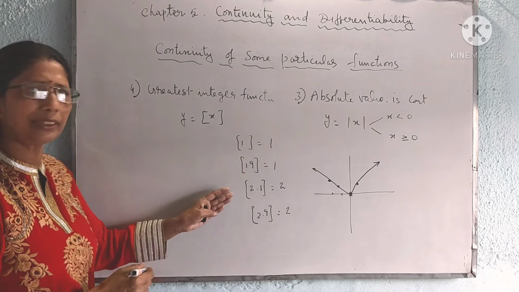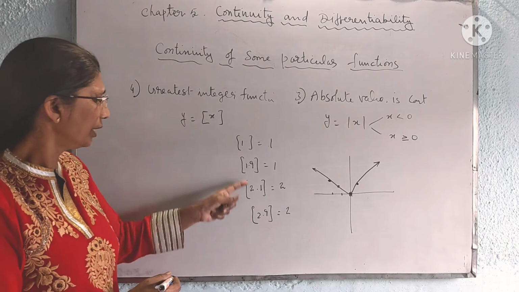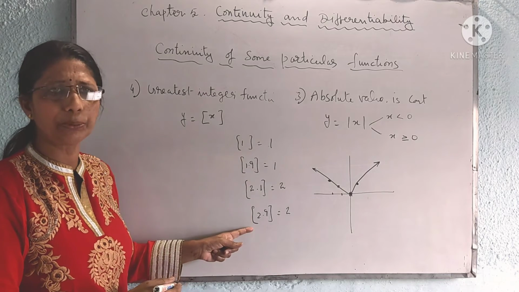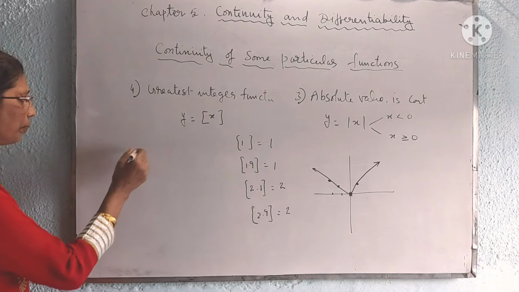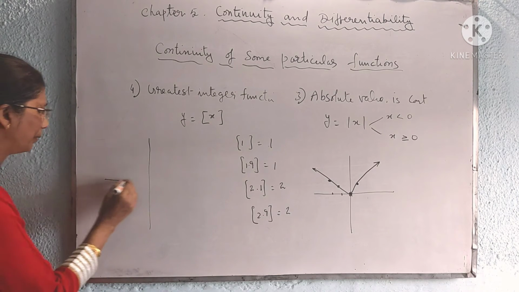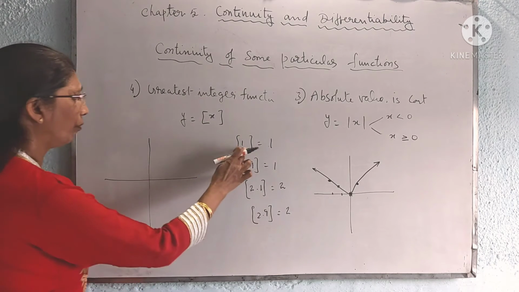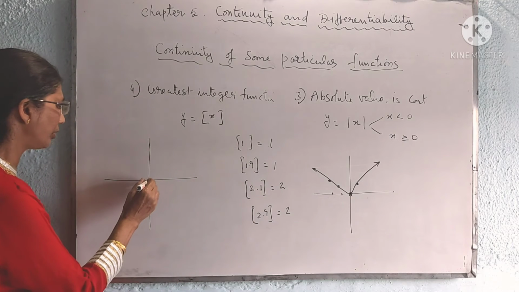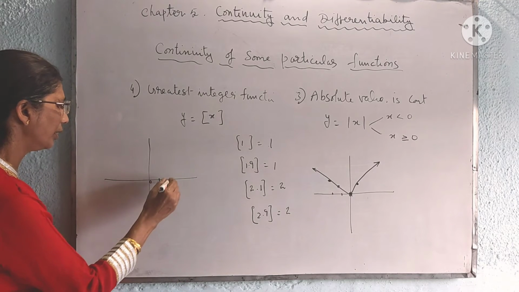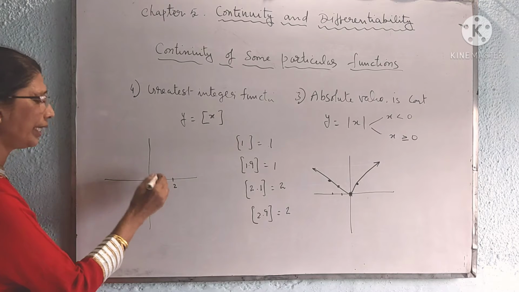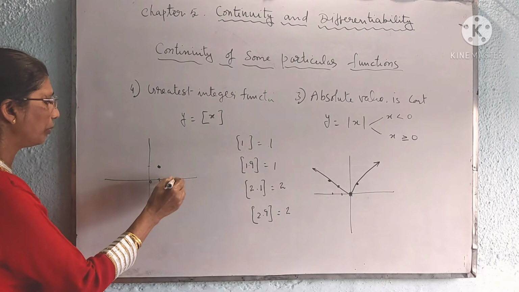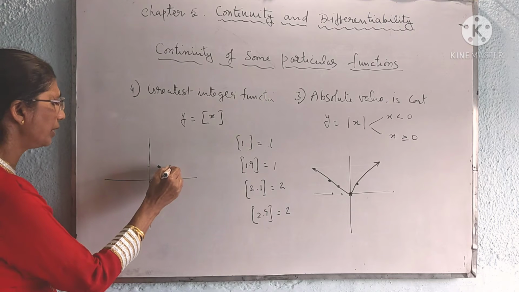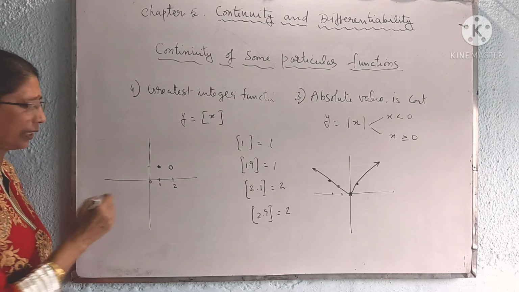For this greatest integer function, just see here, we are putting all real numbers, but sometimes we are not getting a connected graph. For 1 and 1.9, this is 0, this is 1, this is 2. For 1, it is 1 only. But for 2, it will not be 1.